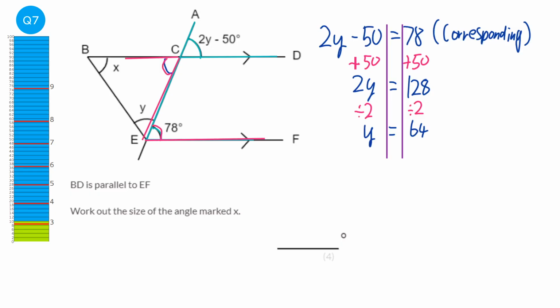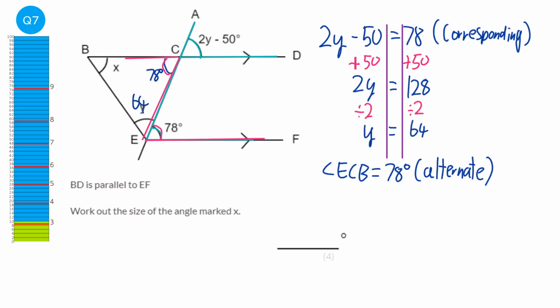So I can write that down here. So angle ECB is equal to 78 degrees. And the reason for that is alternate angles.